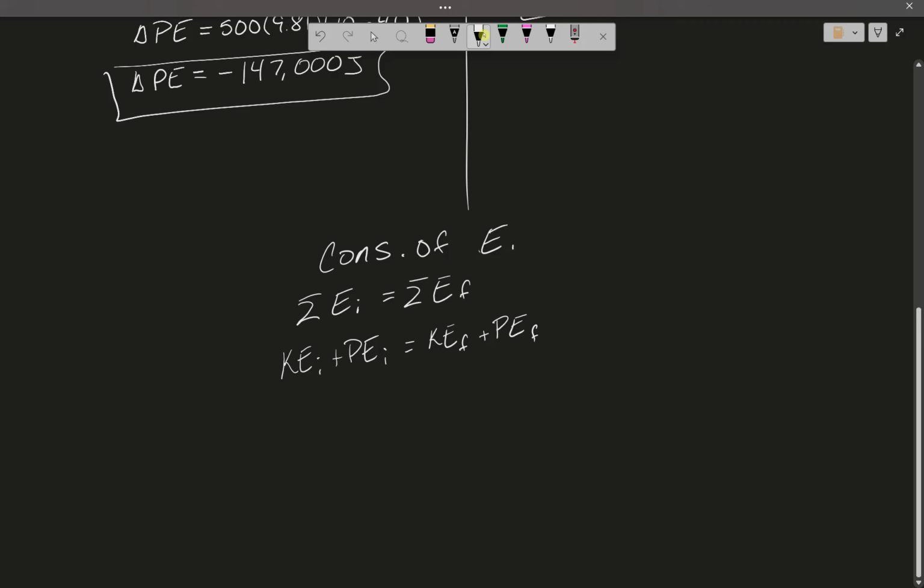If I rearrange this a little bit, I can get that I have the potential energy initial minus potential energy final is equal to kinetic energy final minus kinetic energy initial. I know that this value is a change in kinetic energy.